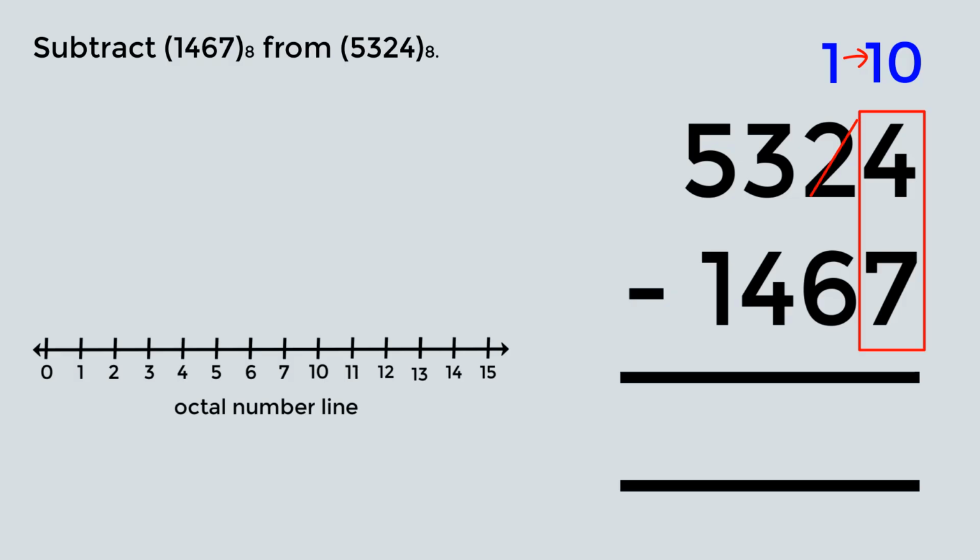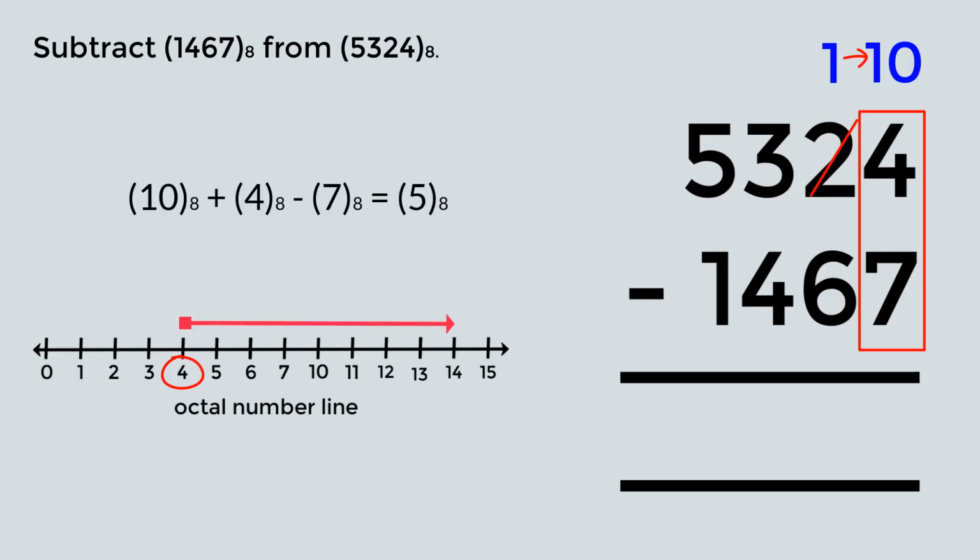In base 8, 1 unit from the next position becomes 8 units in the current position. So the 4 becomes 4 plus 10, which is 14. Then 14 minus 7 is 5. So the rightmost digit of the answer is 5.